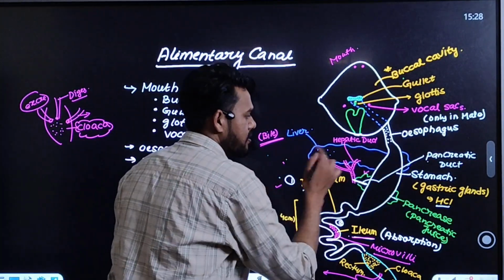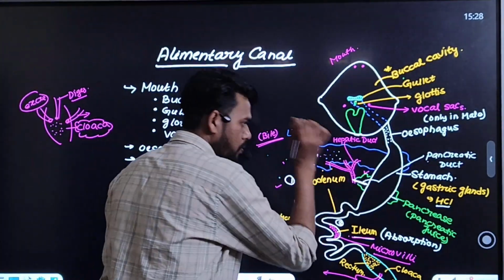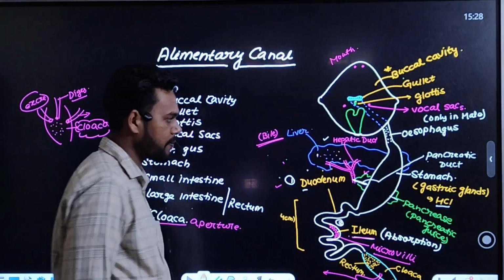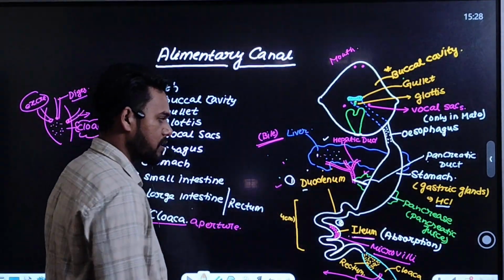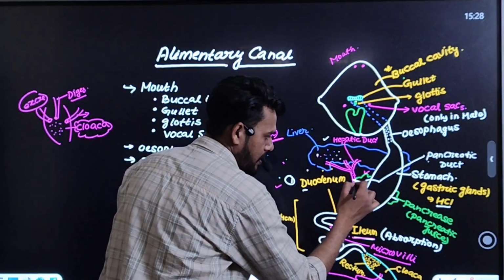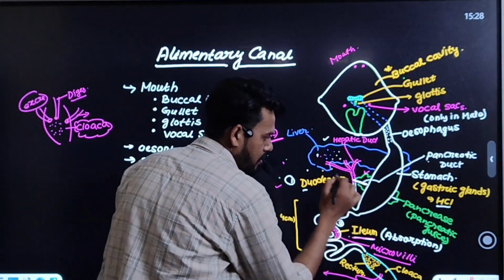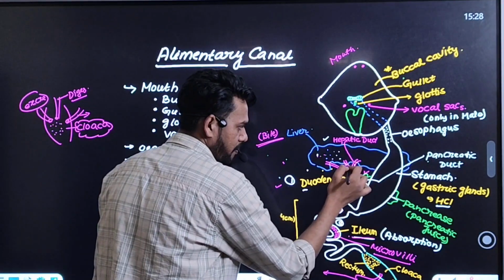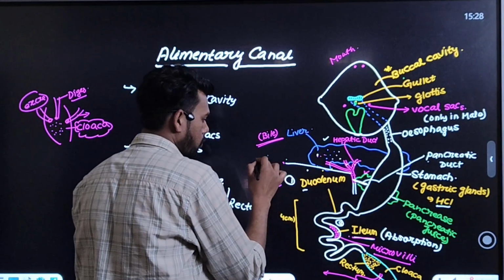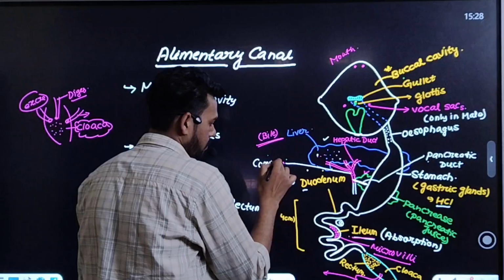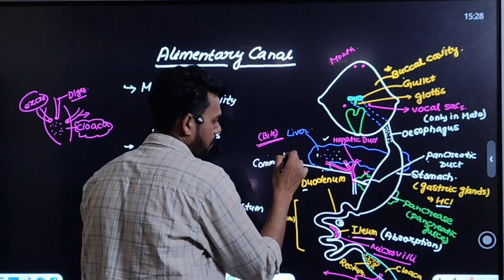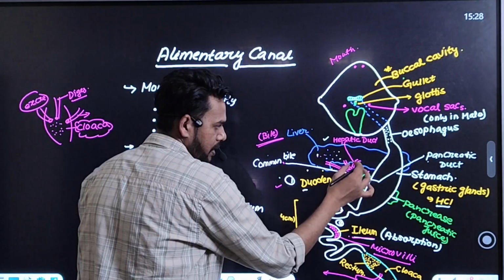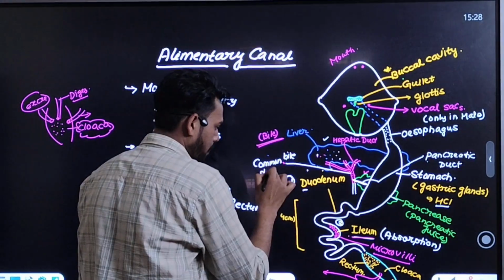The liver releases its product, that is bile, through various ducts which are called hepatic ducts. When these various hepatic ducts combine, they form the common bile duct.